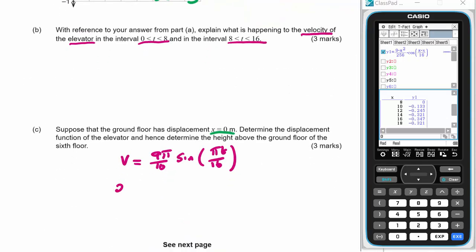So the displacement function is going to be 9 pi by 16 negative cos pi t by 16 divided by pi by 16.